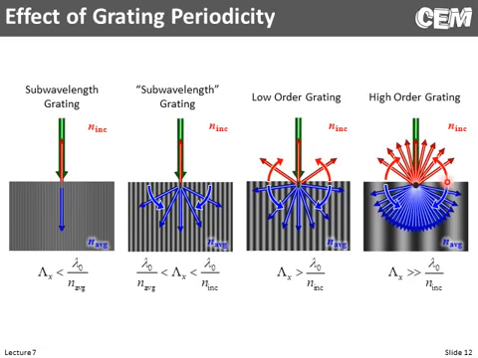But they're starting up here and walking down. And for very, very long period gratings, we get thousands of diffracted modes. If y'all remember that UTEP logo thing, that's a very long period grating, and you saw thousands of little tiny dots. If we tightened that up and had a much shorter period, you'd see many fewer dots, in fact.